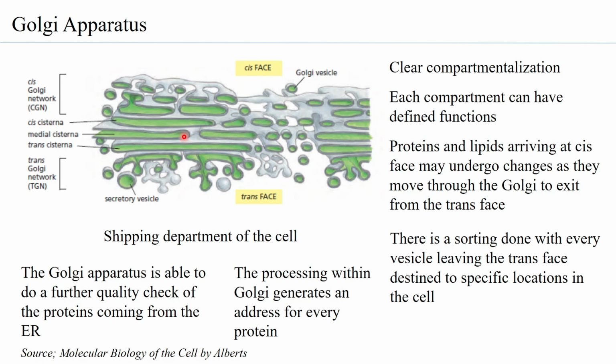Depending on that signature tag, the protein is sorted into a vesicle, and that vesicle will carry this protein only to a particular destination. So you can see how the protein itself now carries an address, and reading that address, the protein is dispatched and given to a target area. That is something that the Golgi takes care of with a lot of accuracy.